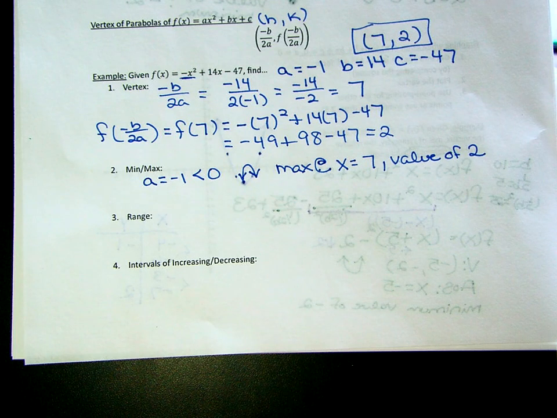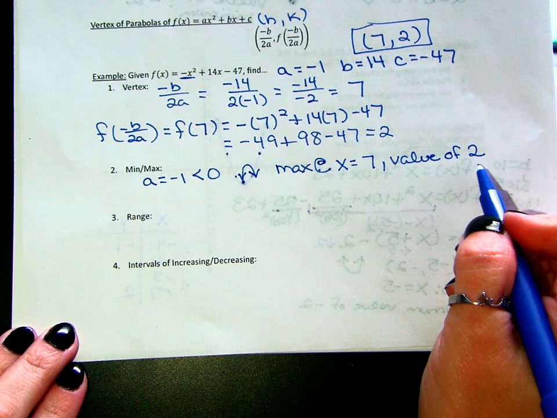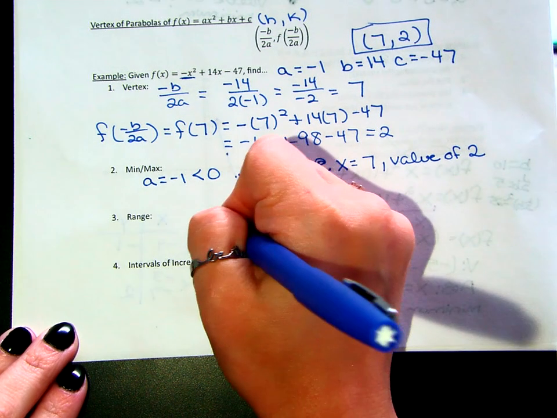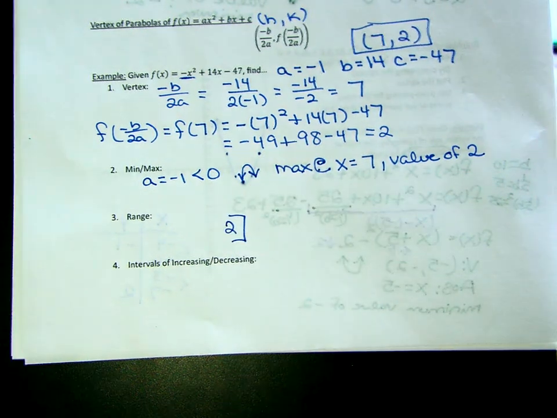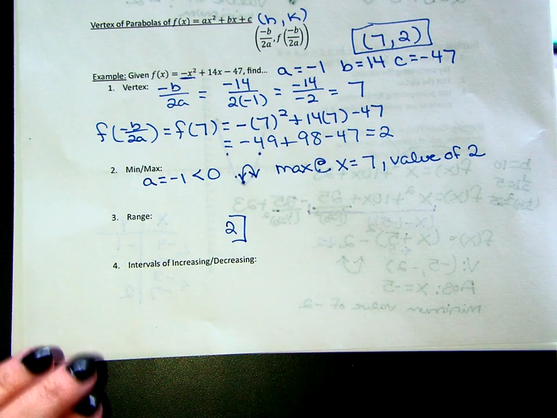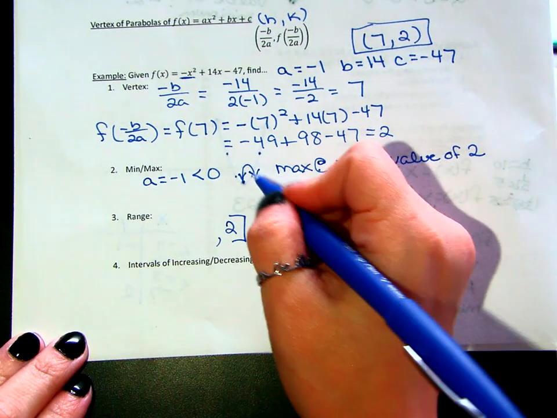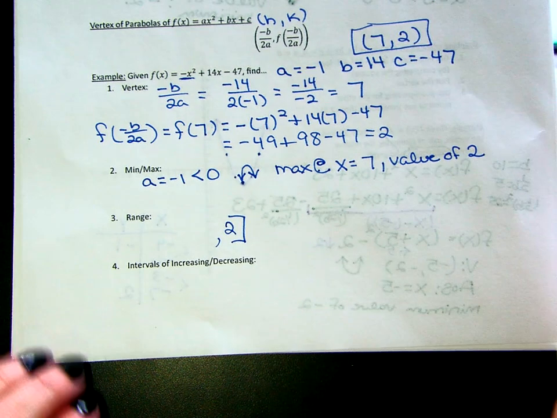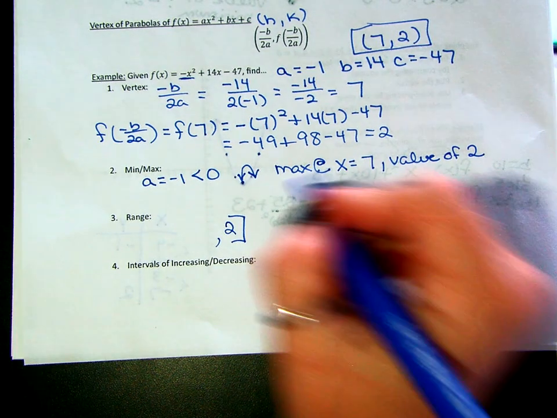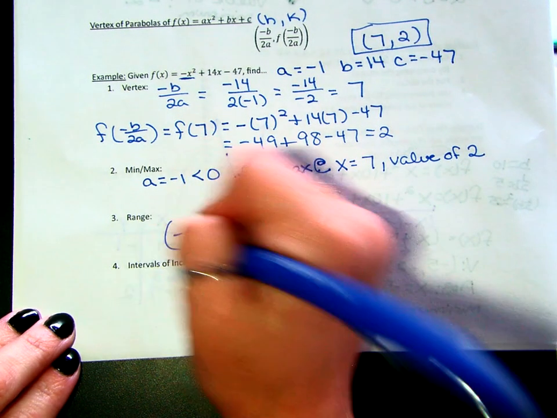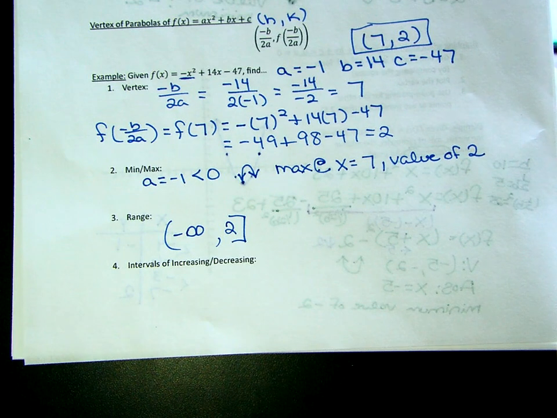It's 2. So that's as far up as I can go for my range is 2. And then after that, if I have a downward facing parabola, what would be my lower limit? Negative infinity. That's exactly right. So even without a picture, we can come up with the range of this because our range is determined solely based on the vertex.